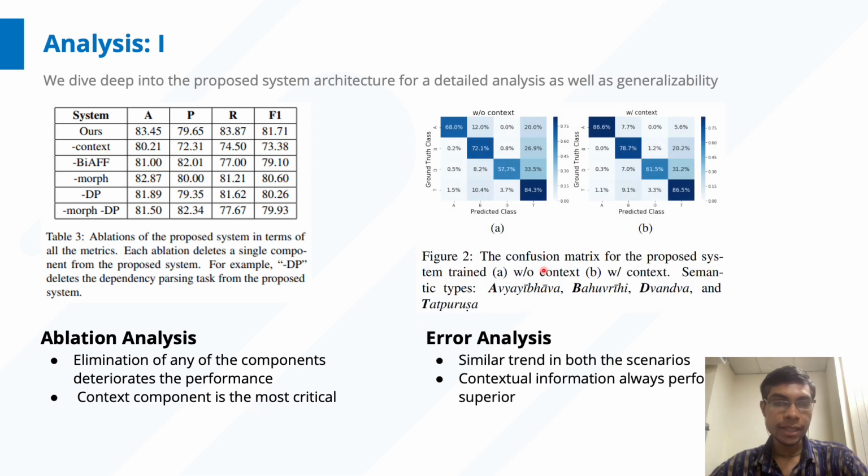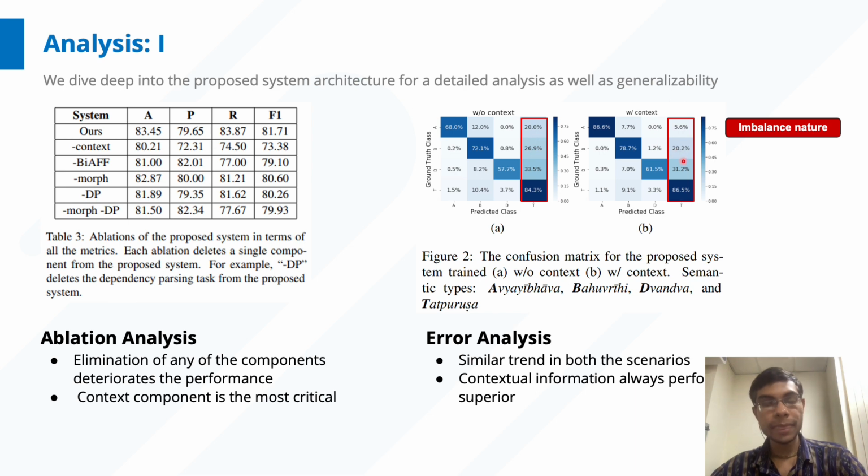We also performed error analysis, and we contrast between the without context setting and the with context setting. We find that mostly the misclassification has gone to the most populated class called Tatpurusha. So you see that in both scenarios the misclassification has gone to the most populated class, and this is mainly due to the imbalanced nature of the data.